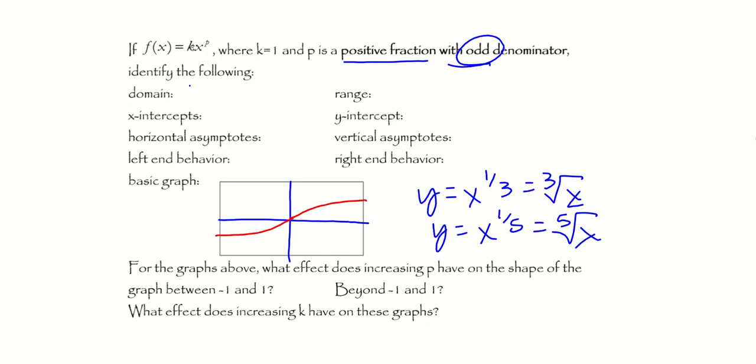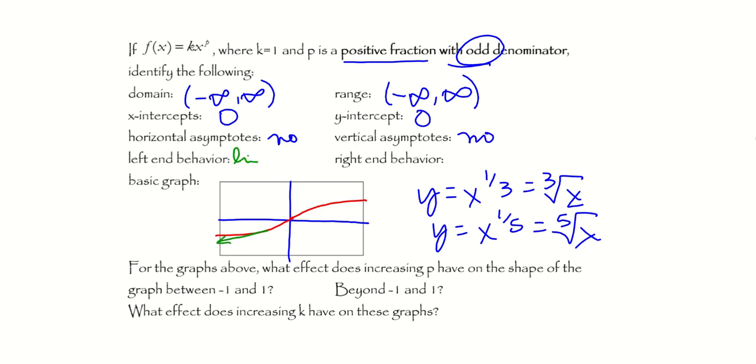So our domain is -infinity to infinity. Our range is also -infinity to infinity. Our x and y intercepts are both 0 because this graph passes through the origin. There are no asymptotes. The left end behavior, as we follow this to the left, would be our limit as x goes to -infinity, which is -infinity.